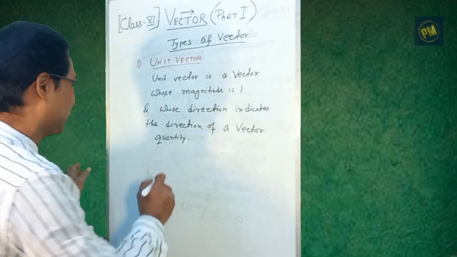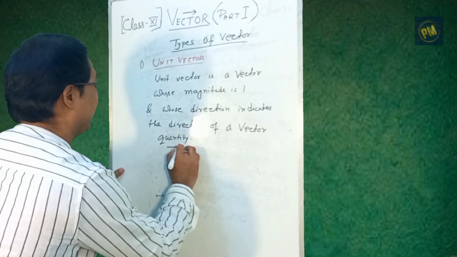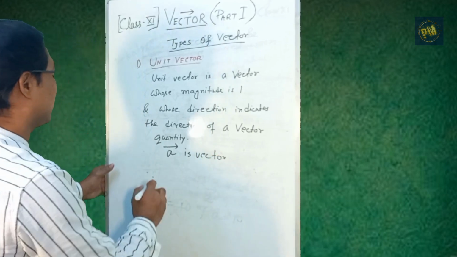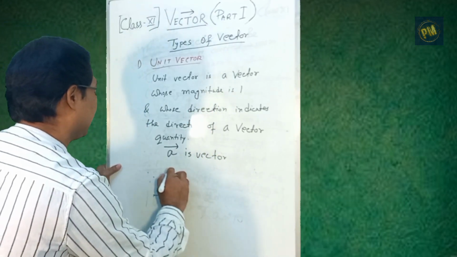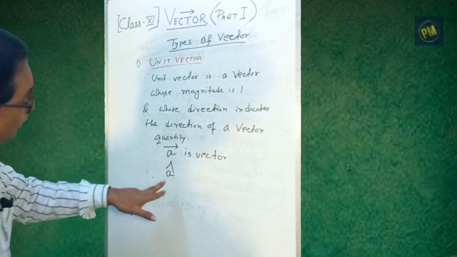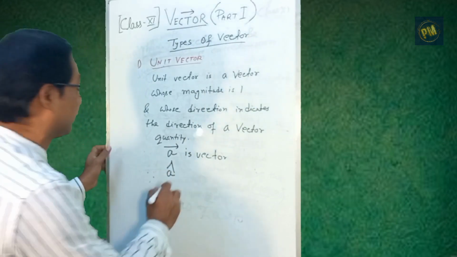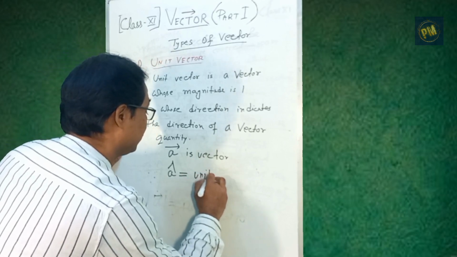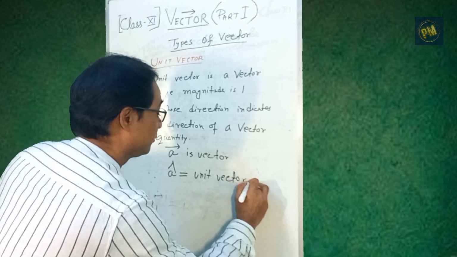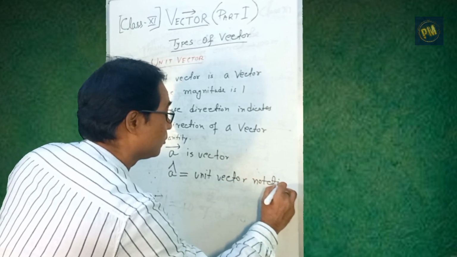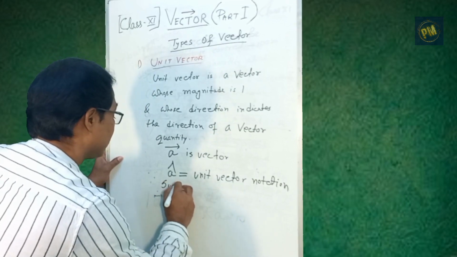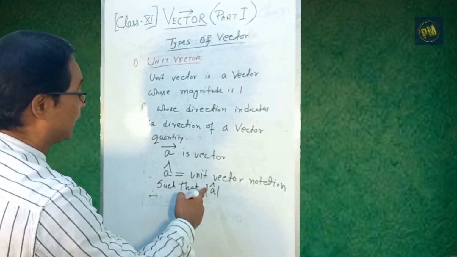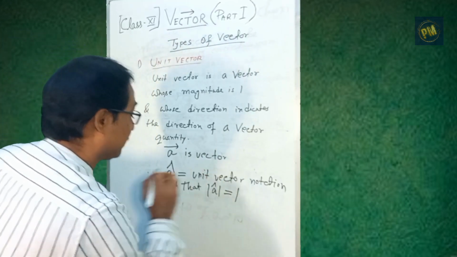For example, suppose A is a vector. The unit vector associated with the vector A is given by A cap. A cap is the notation of the unit vector, such that the mod of A cap, that is the magnitude of the unit vector, is 1.